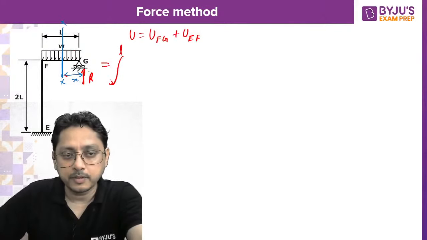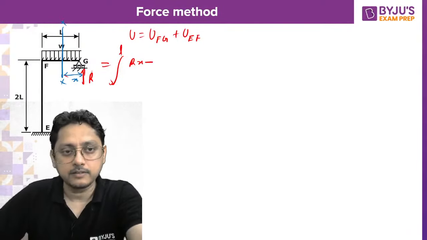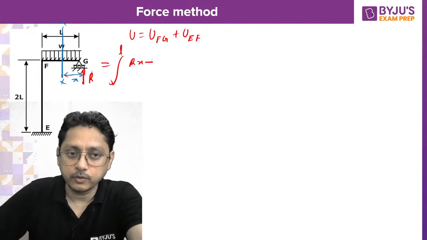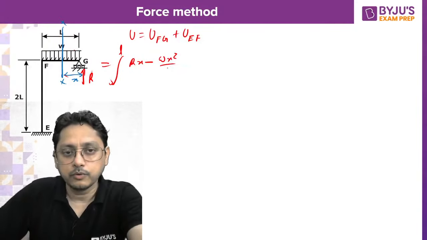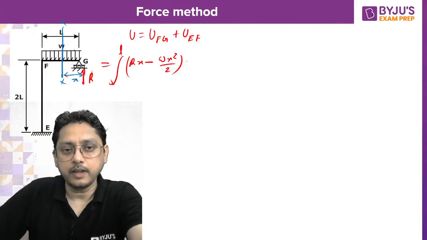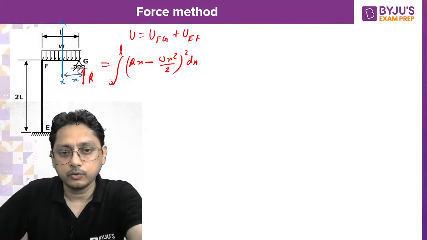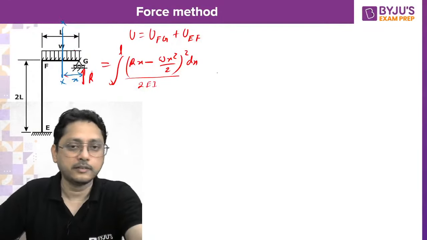So bending moment will be simply R into x will produce sagging, minus the UDL W into x square by 2 will produce hogging. So W x square by 2. This is your bending moment, isn't it? M square dx by 2EI. Did you get that?